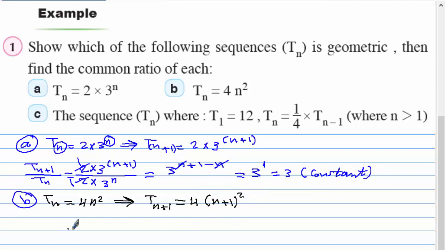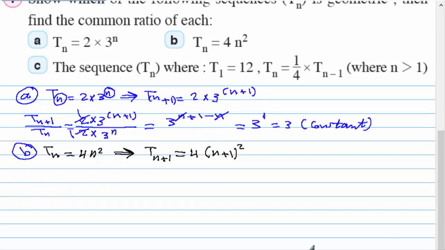And now we try Tn plus 1 over Tn and check the result. Tn plus 1 over Tn equals 4 multiply n plus 1 all power 2 over 4 n power 2.